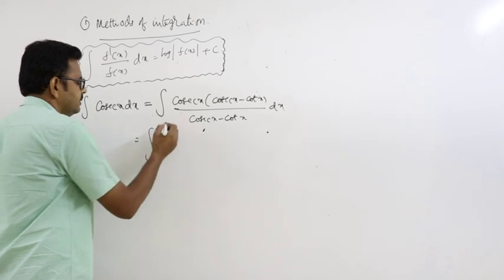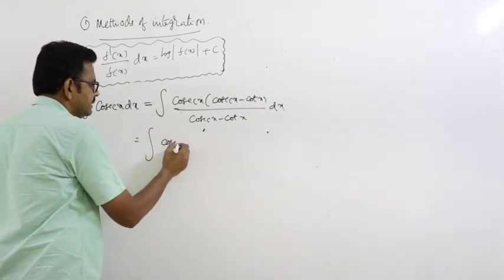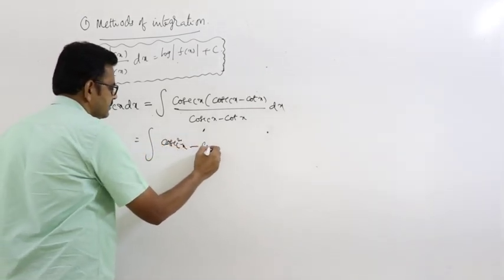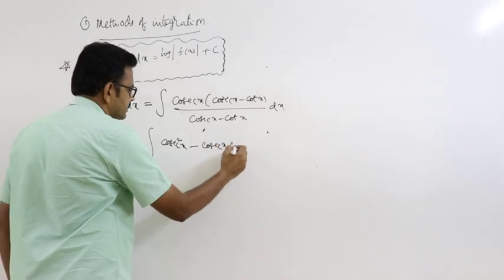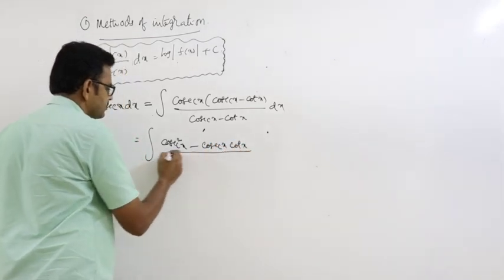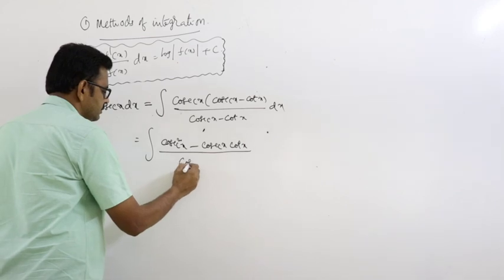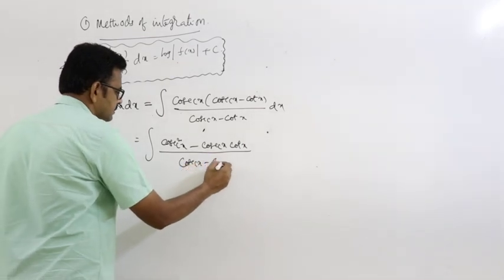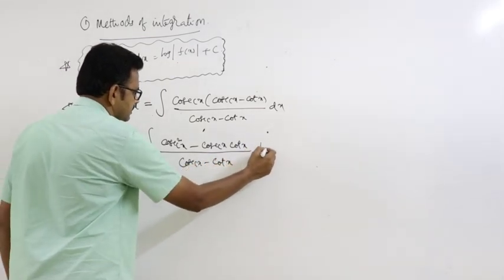That is equal to integral of cosecant square x minus cosecant x into cot x by cosecant x minus cot x dx.